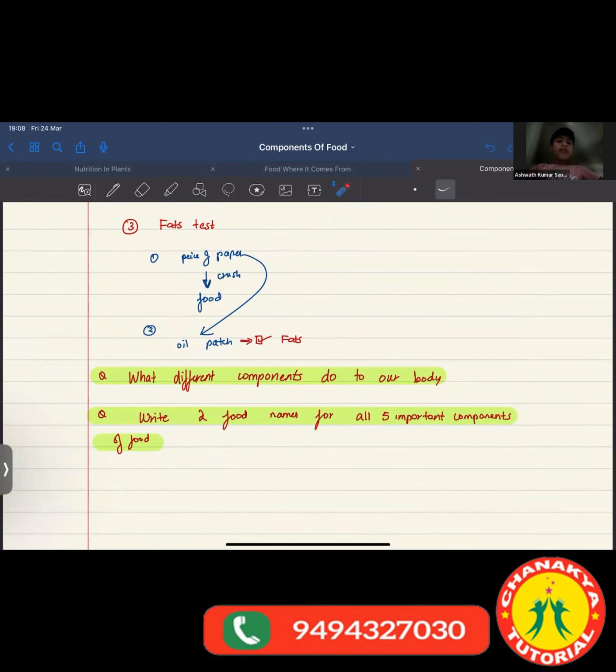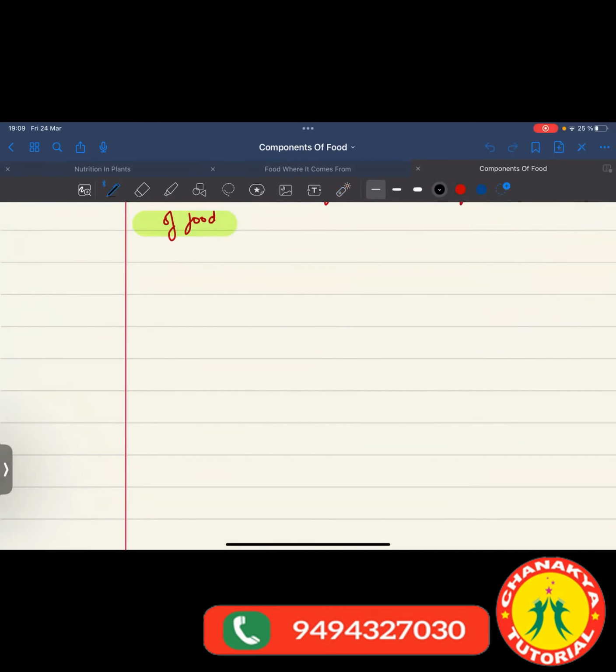Ma'am, proteins help us to grow up, and carbohydrates help to provide the body glucose. Fats give our body energy to work properly.